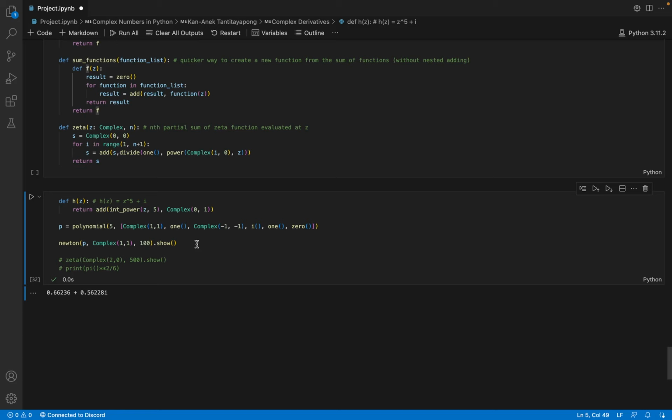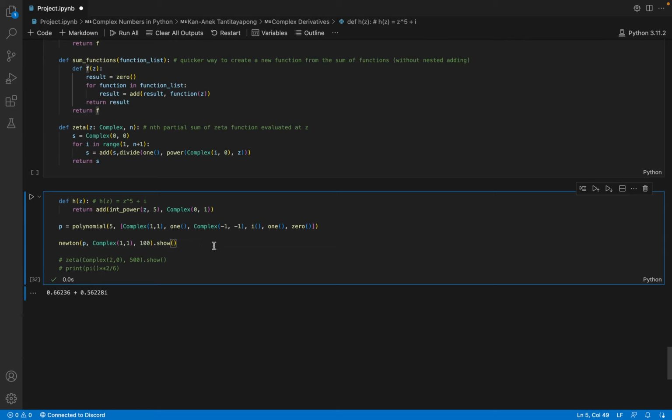There we have a complex root of this polynomial p, but a limitation is that it doesn't guarantee to find every single root. Even with a finite amount of searching, you probably are not guaranteed to find every single root of an nth degree polynomial. But at least it gives us a root, and it will converge to a root given enough iterations.